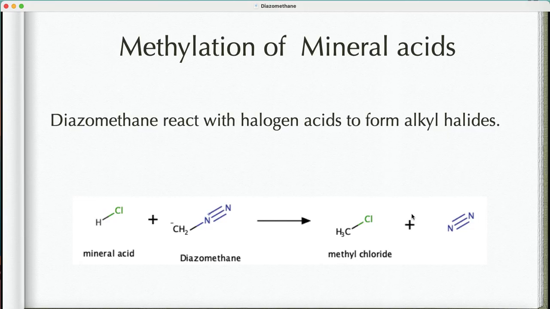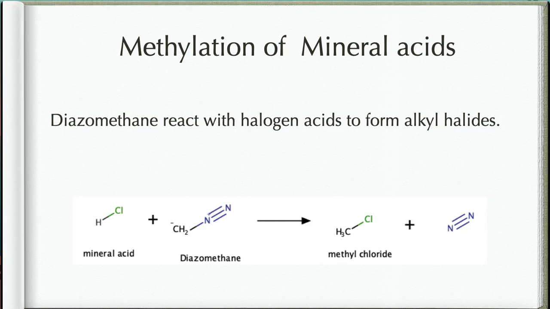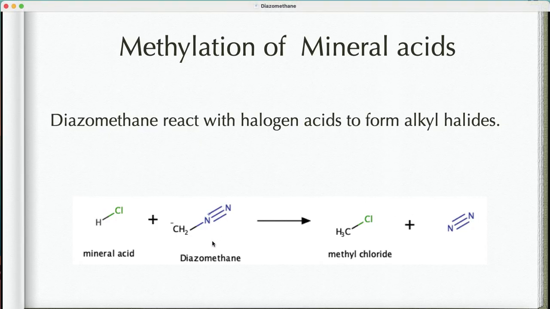First one is methylation. Methylation of the mineral acids. Diazomethane reacts with halogen acids to form alkyl halides. HCl on treatment with diazomethane, CH2 minus N plus triple bond N, gives methyl chloride as the product.